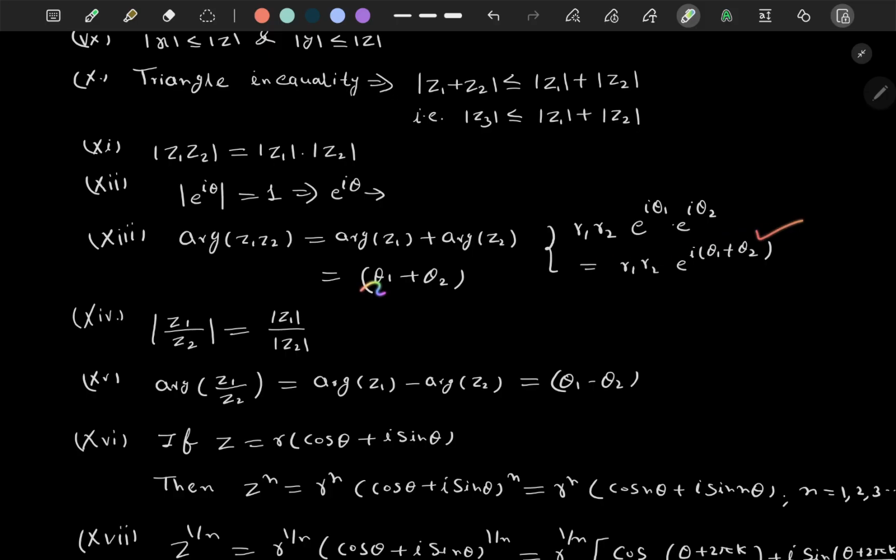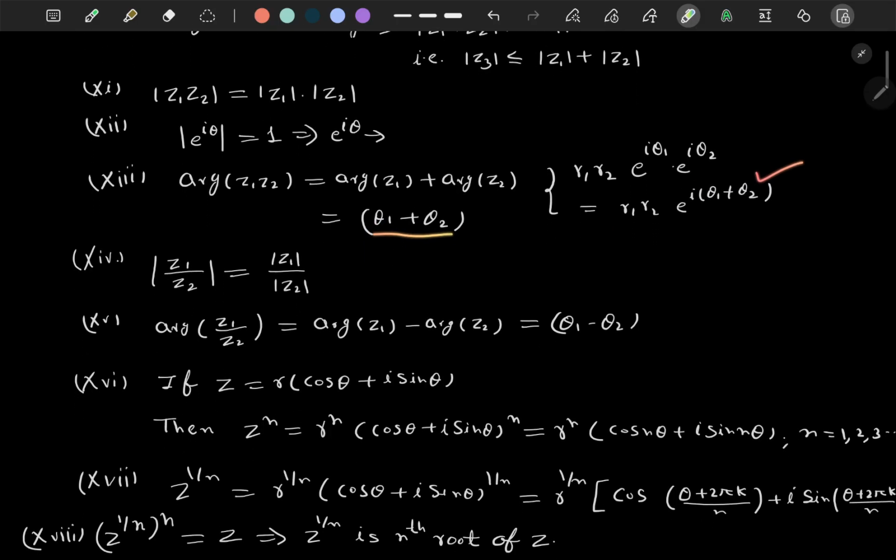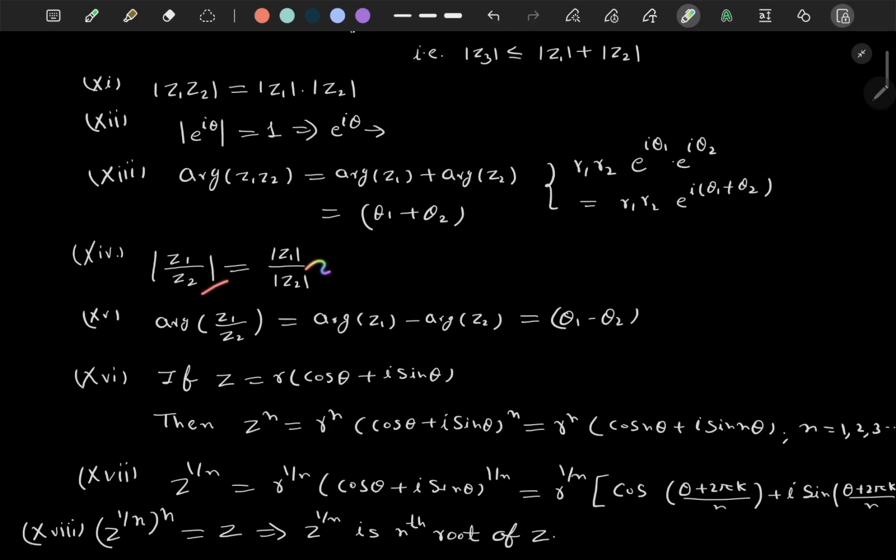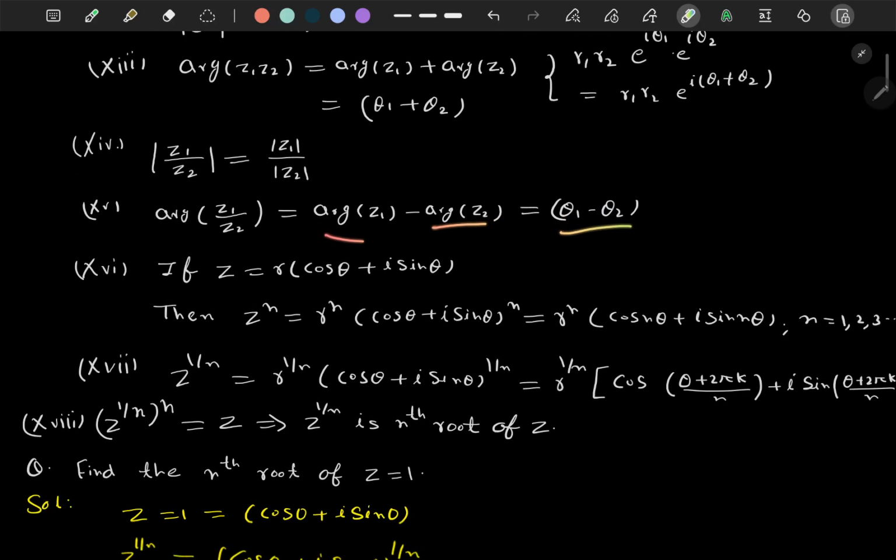So what will be the argument? Theta 1 plus theta 2. And for z1 by z2, the argument of z1 by z2 equals the argument of z1 minus the argument of z2, the minus sign will come here, equal to theta 1 minus theta 2.